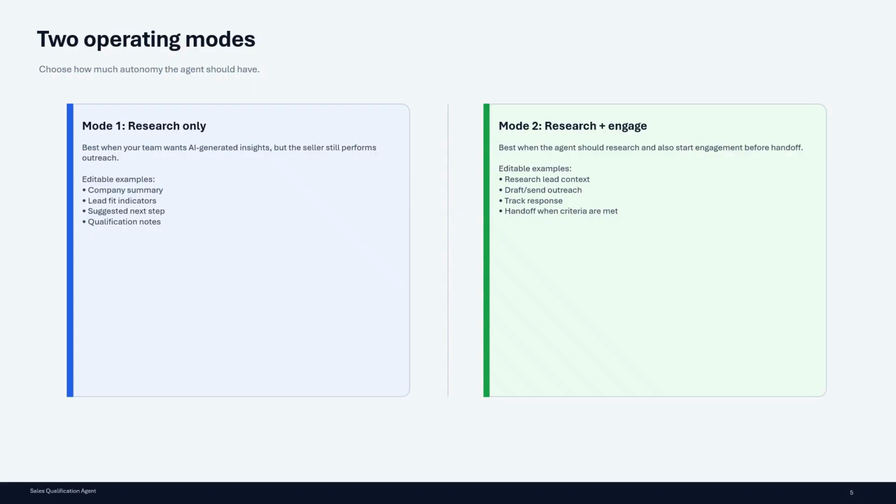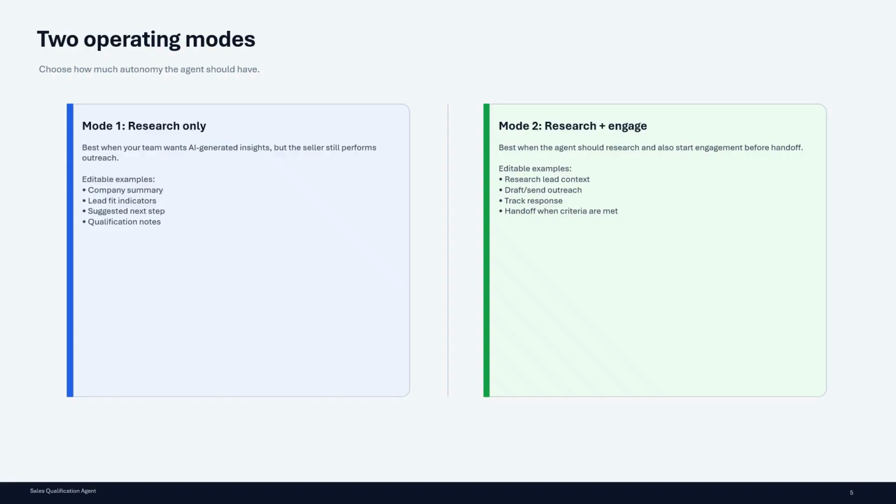It can work in two operating modes. The first mode is research only. In this mode, the agent prepares insights such as company summary, lead fit indicators, qualification notes, and the suggested next steps. The seller then uses this information to decide what to do. The second mode is research plus engage.